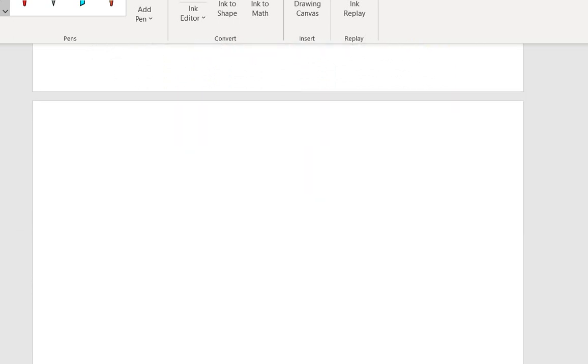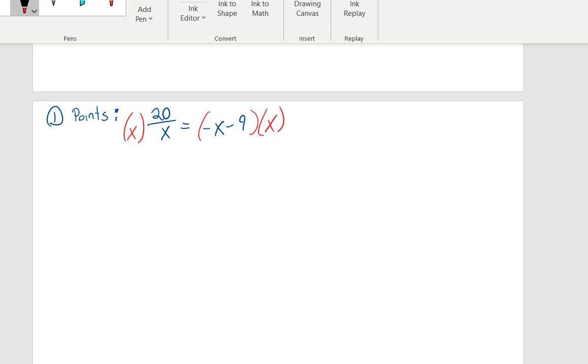For the points of intersection, we're going to set these two equal. Now this might seem like a scary equation to solve because we have an x in the denominator, but I'm just going to multiply both sides by x. When I do that, these x's cancel, and I'm left with 20 equals negative x squared minus 9x.